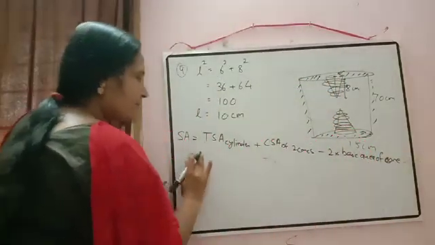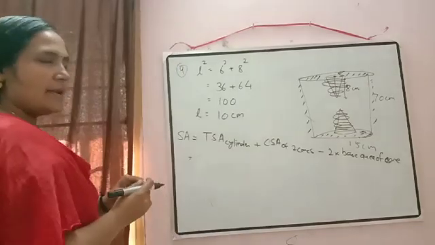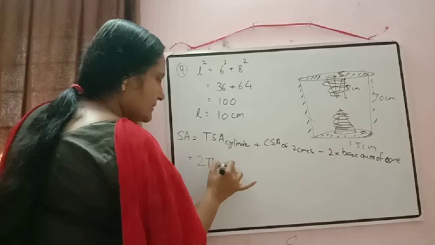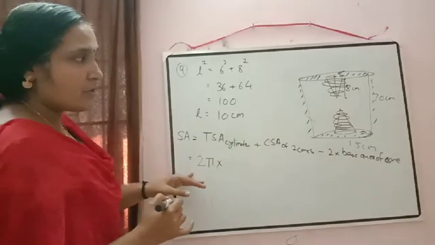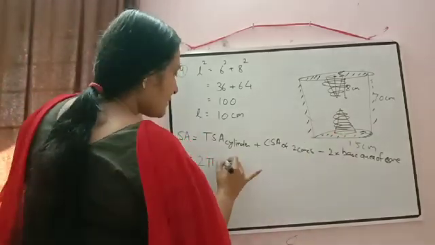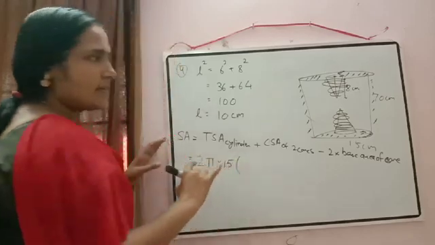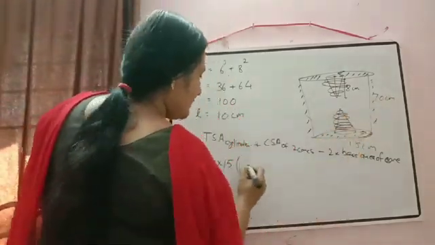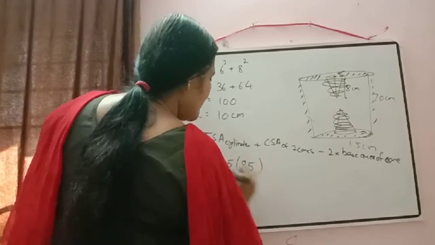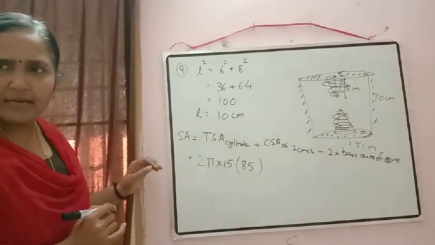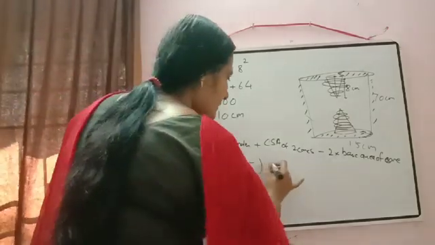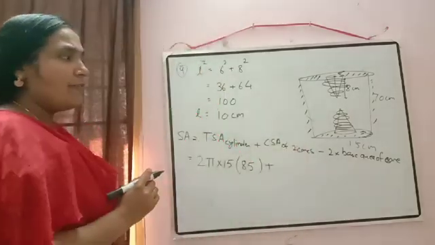Now we can check. The total surface area of cylinder formula is 2 pi r into (r plus h). 2 pi r, what is the radius of the cylinder? 15, into, inside the bracket, r plus h, 70 plus 15, so that will be equal to 85. Plus curved surface area of two cones.